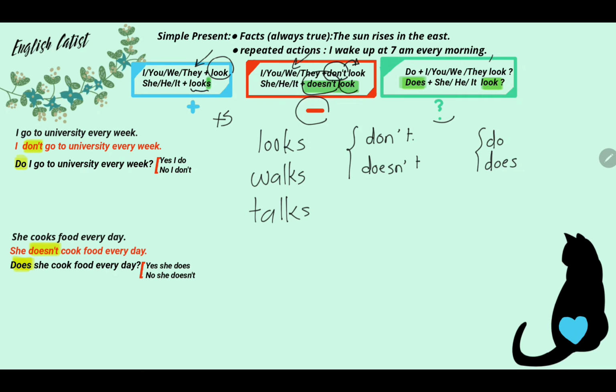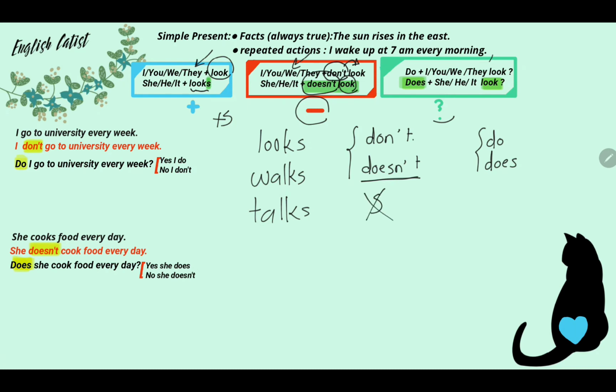And after that, we have a simple verb. Be careful about that. After doesn't, our verb has to be simple. It doesn't have s. Okay?